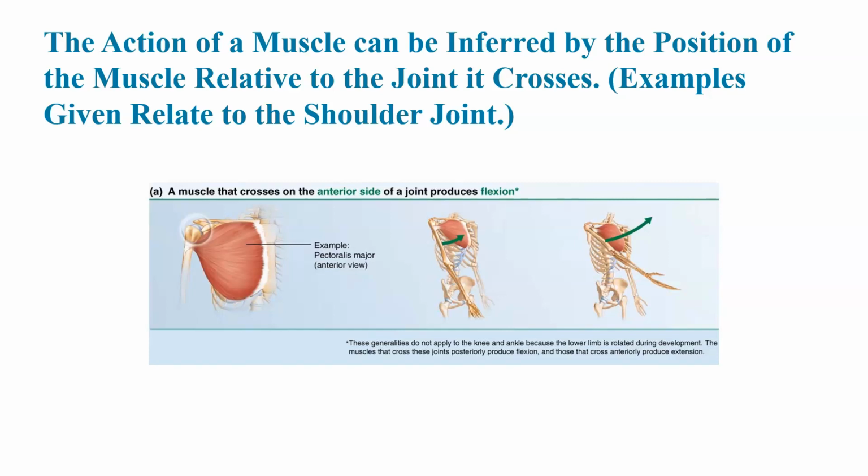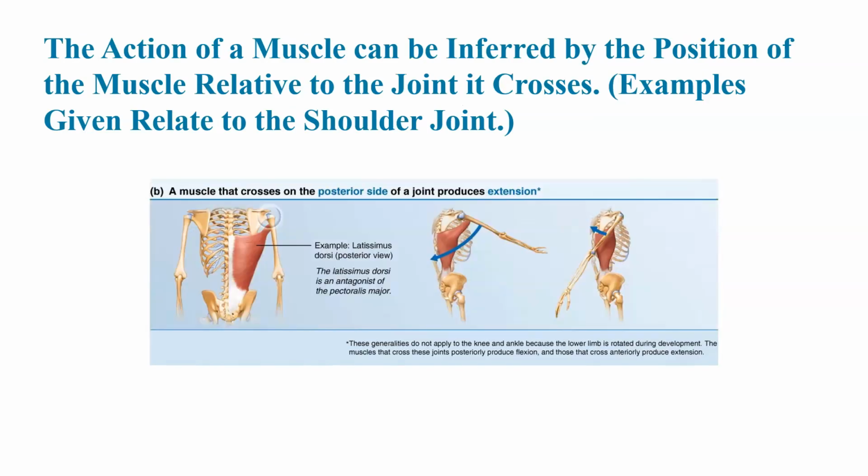And in that position, it's able to cause flexion, so it can move the joint anteriorly. Now, posterior to the shoulder joint, you have the latissimus dorsi, which is here. Its job is to produce extension, so when that muscle contracts, it allows the arm to move posteriorly.